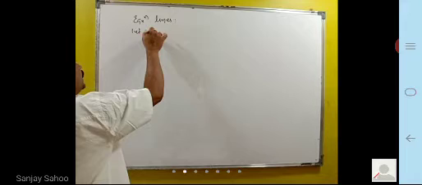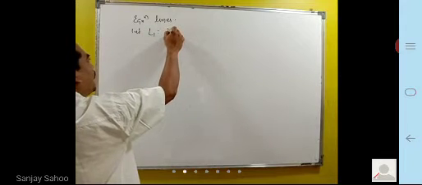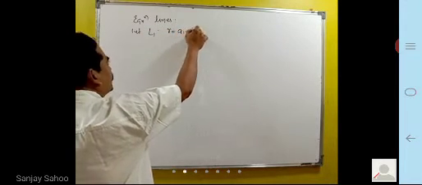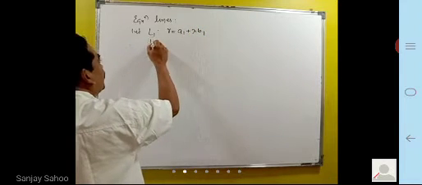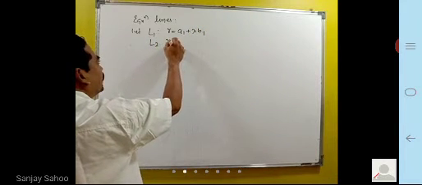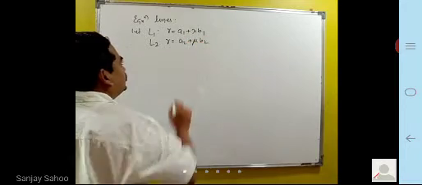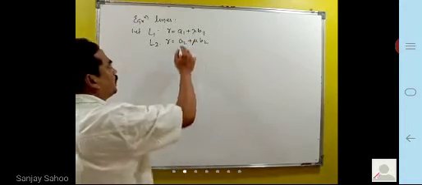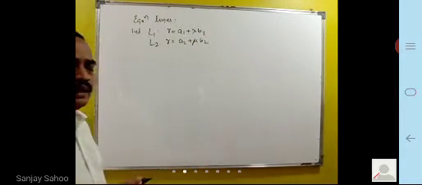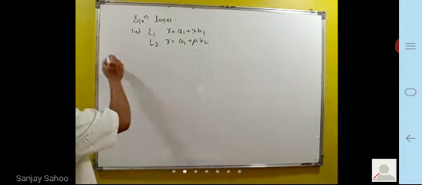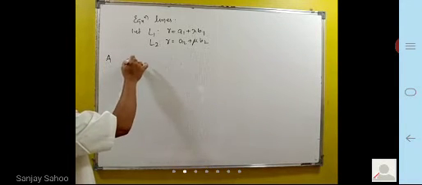Let L1 be r = A1 + lambda B1, and L2 another equation of line, r = A2 + mu B2. These are the two lines, L1 and L2. This is the general form I have written. Then the first point is angle between two lines.